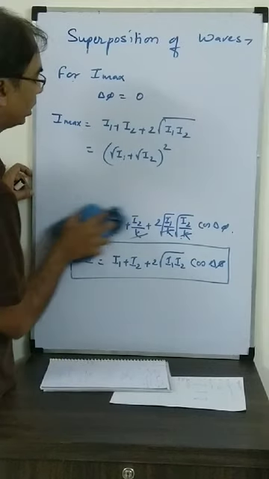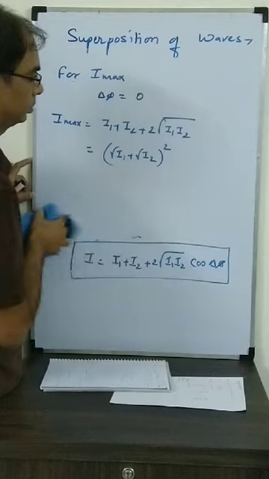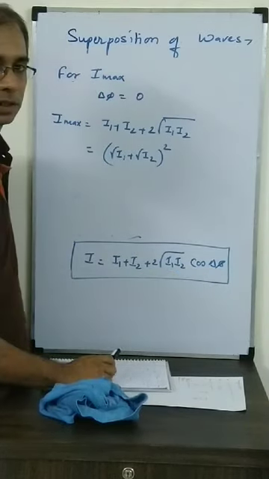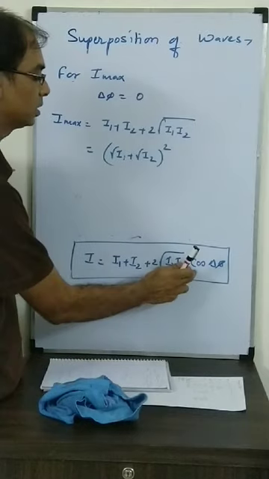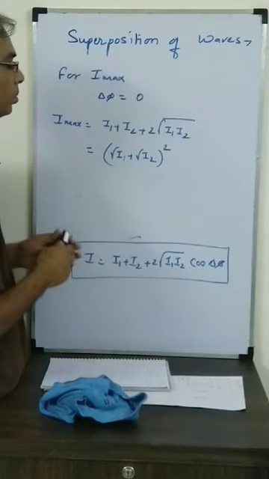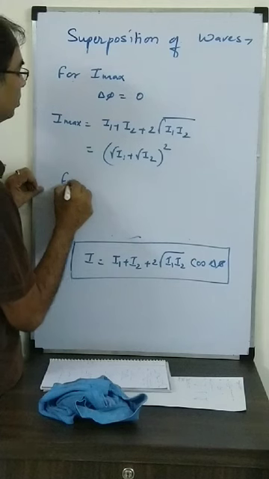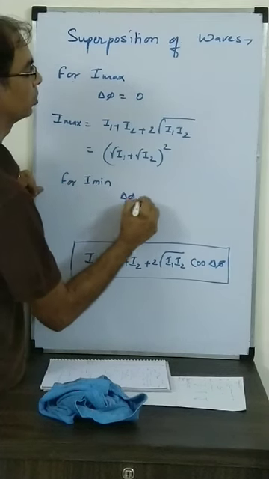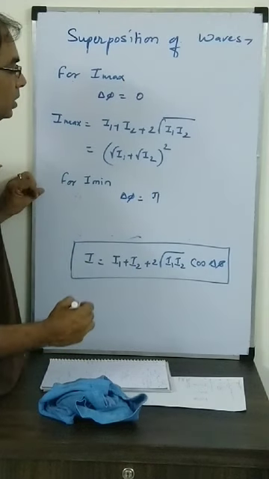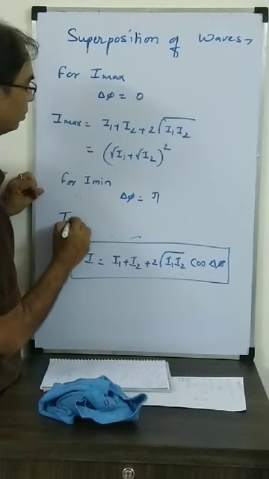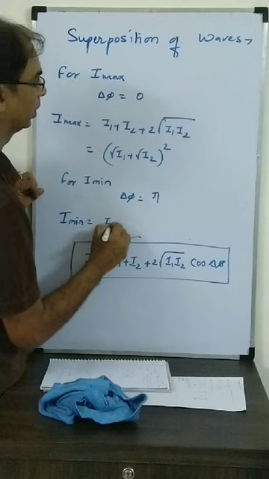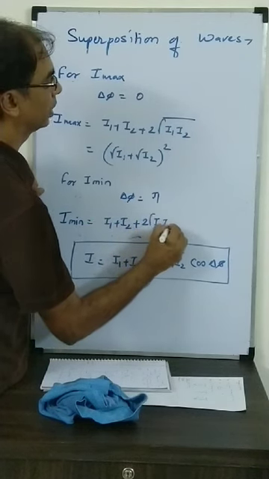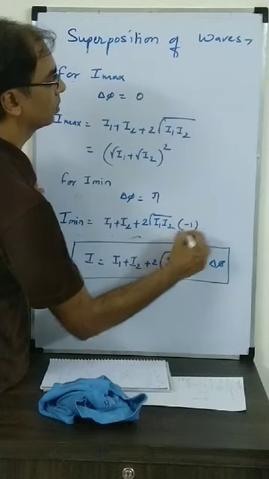Okay, now when can it be minimum? When cos delta phi is minimum. What is the minimum value of cos? It's -1. So for I minimum, delta phi should be pi, 180 degrees. What will be the I minimum value then? It will be I1 plus I2 plus 2 root over I1 I2 cos phi, and cos phi is -1.